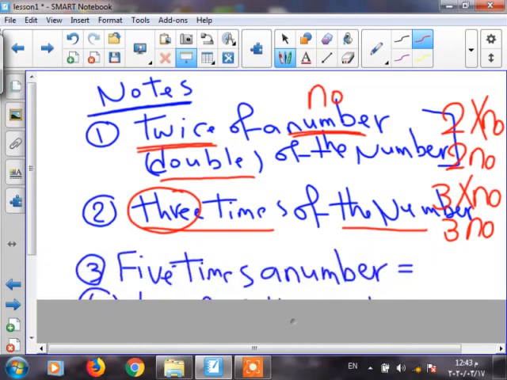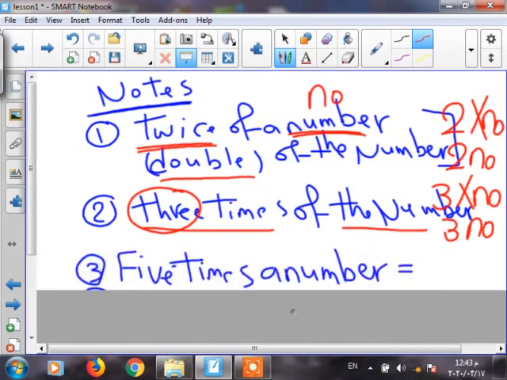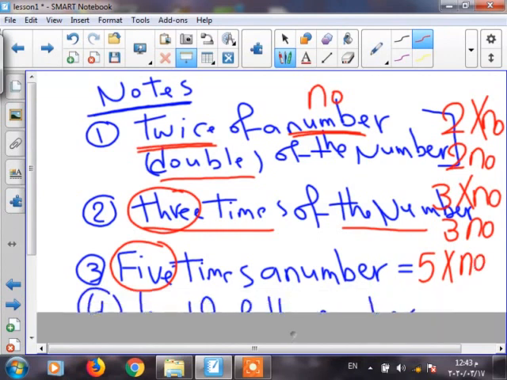That's the next one. I have here 5 times a number. What is the meaning of this? 5 times a number. Number 1, I write here 5, and I make times any number, it will be equal to 5 number. Okay?